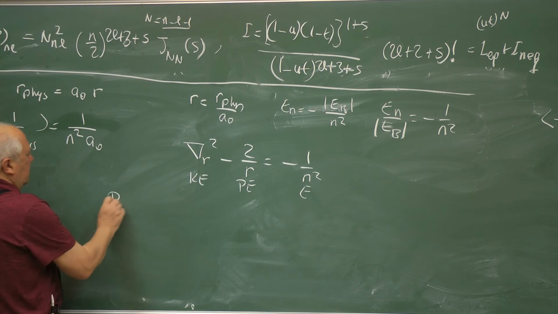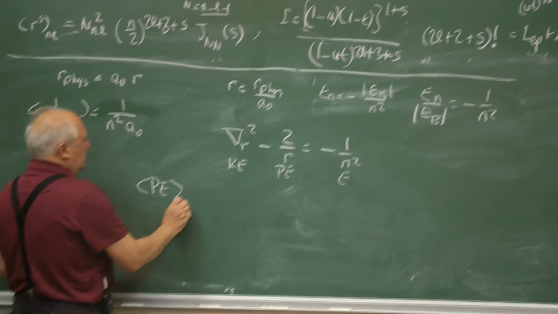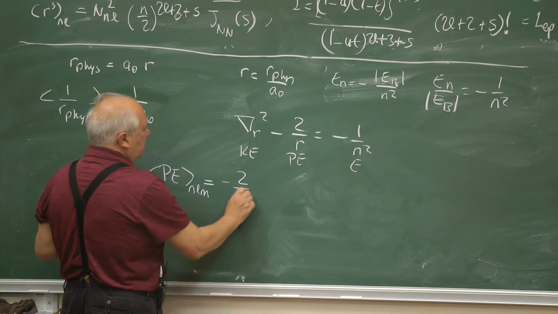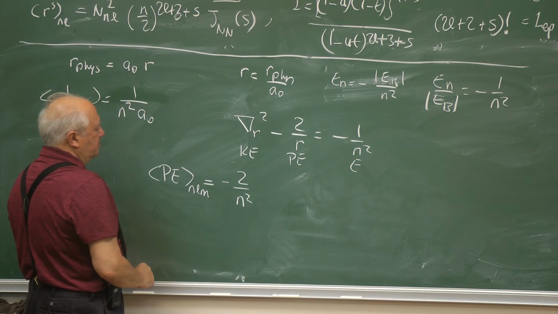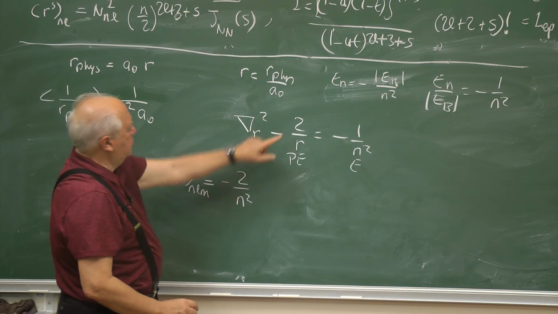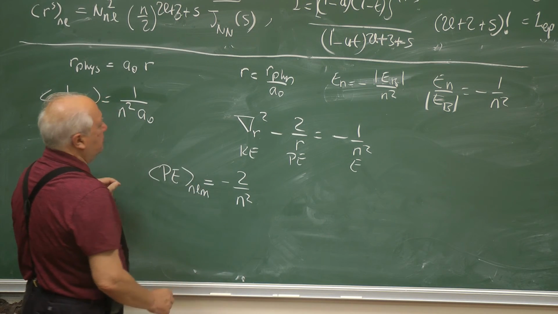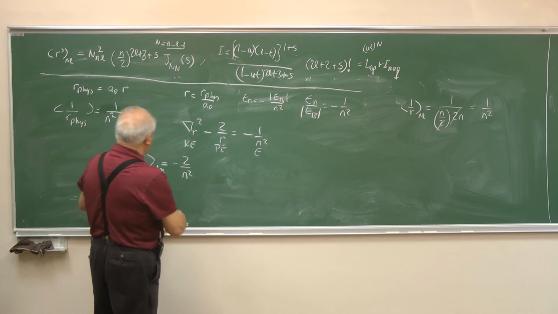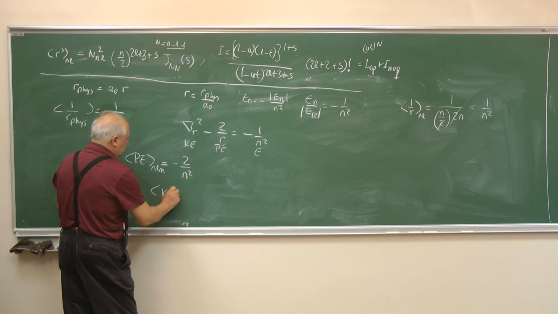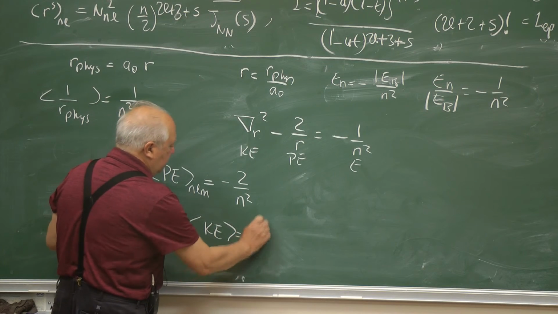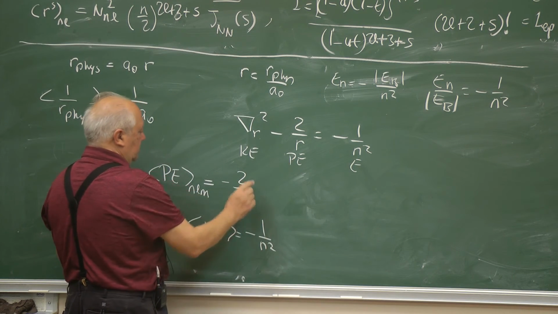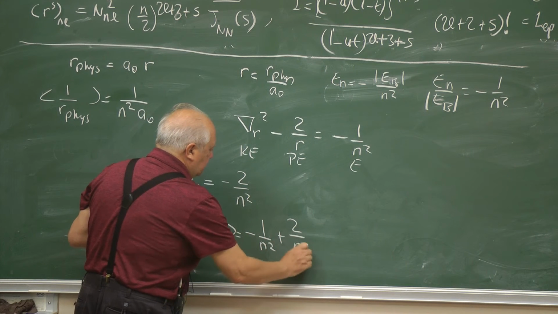So the potential energy average in the state nlm is simply minus 2 over n square, because it's minus 2 times the average of 1 over r, and the average of 1 over r is 1 over n square. And therefore, the kinetic energy average is equal to minus 1 over n square, this thing, plus that, plus 2 over n square.